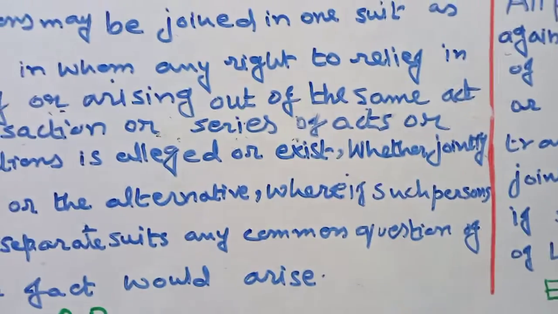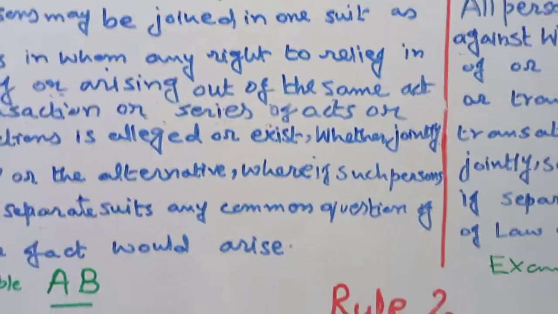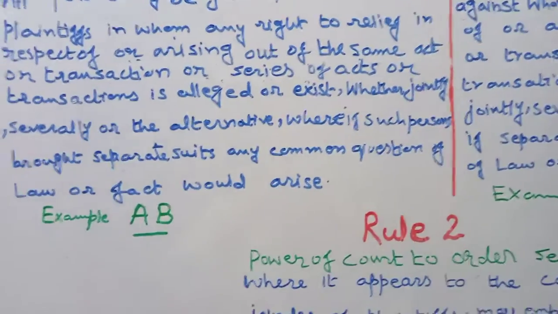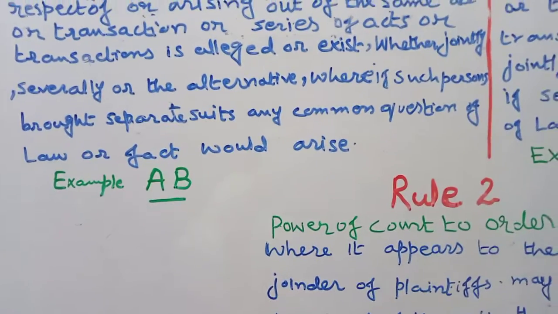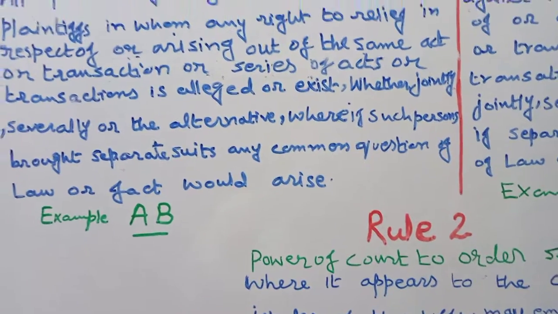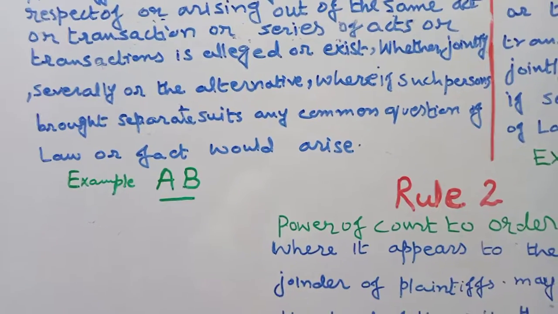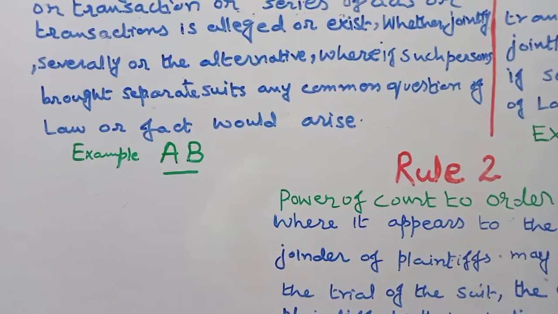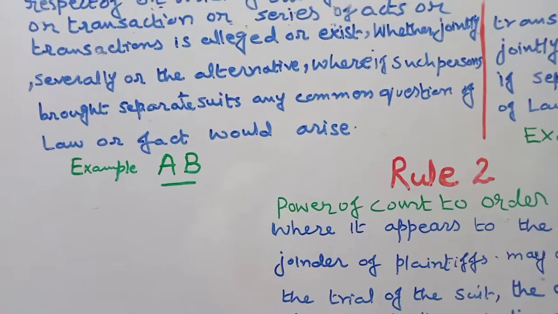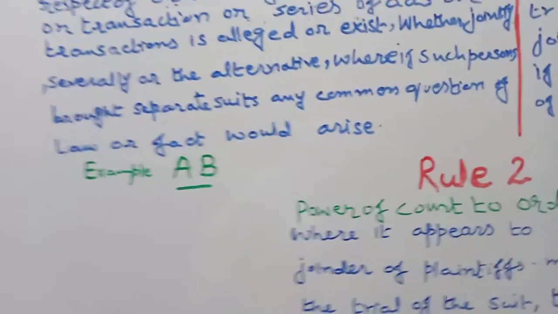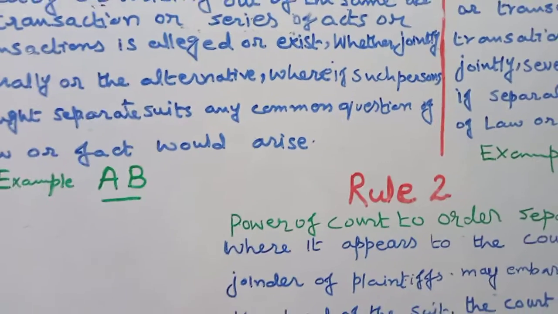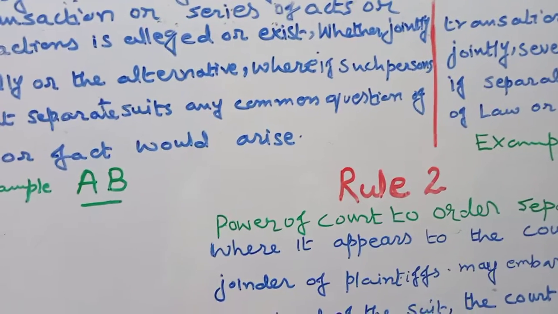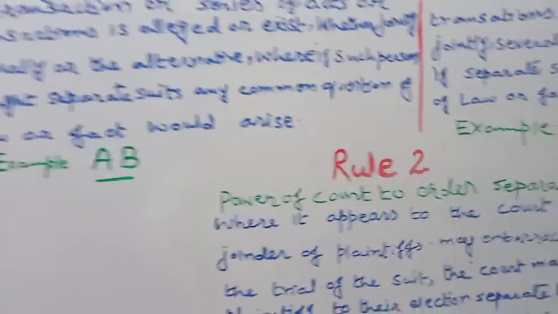Same as for the plaintiff. Rule 1 is saying that any person or many persons can join in one plaint where a right is infringed, they want relief, or are putting a question to court, and where if those persons made separate suits, a common question of law or fact would arise. What is the meaning?